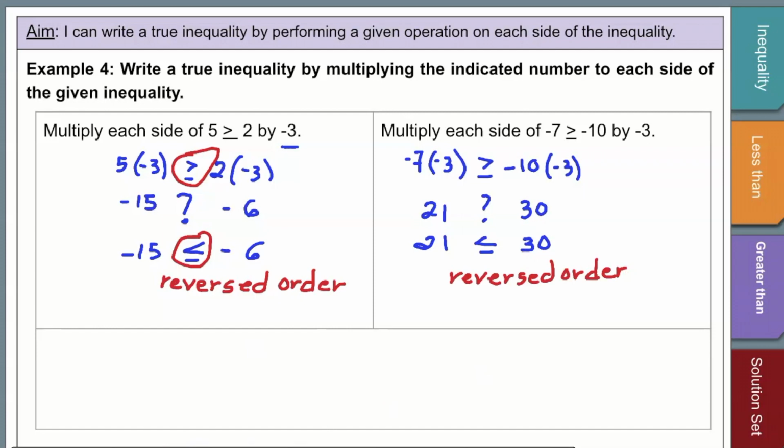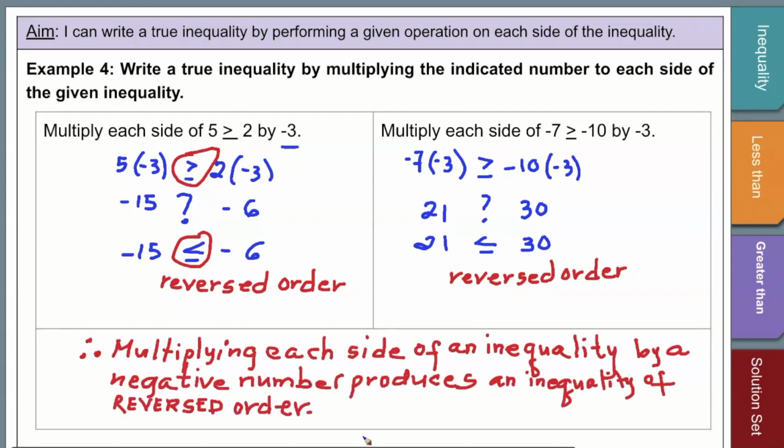What does this illustrate as a property of inequality? This shows that when you multiply a negative number to each side of a given inequality, you're going to produce an inequality of reversed order. So a negative number produces an inequality of reversed order.